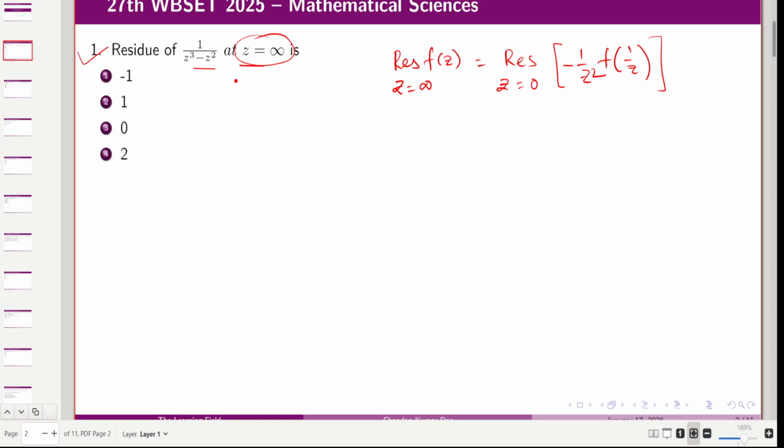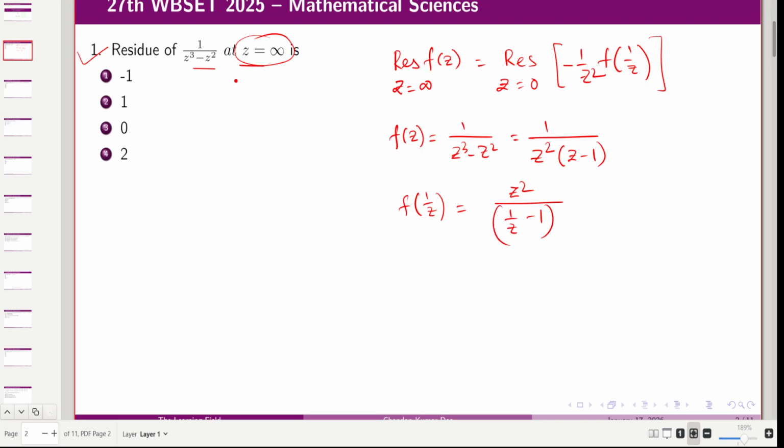So here, given that f(z) equal to 1 by z cube minus z square, this is equal to 1 by z square into z minus 1. Now f of 1 by z equal to what? It is z square by 1 by z minus 1, with z equal to 1 by z.